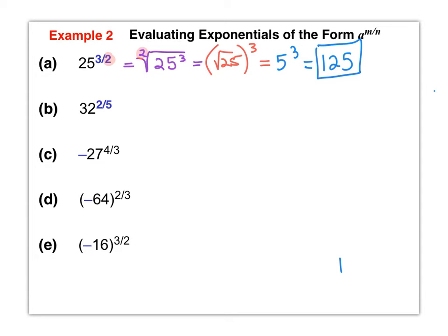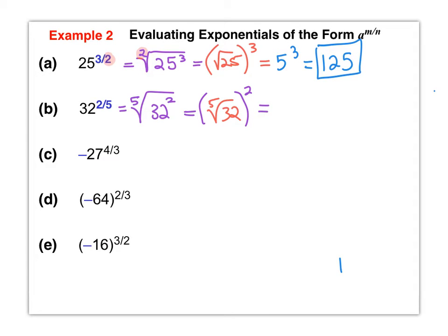Let's look at example B. B is 32 raised to the 2/5 power. So we can write this as the 5th root of 32 to the 2nd power. We can evaluate the 5th root first and then square the result. So let's write it as the 5th root of 32 and then raise that quantity to the 2nd power.